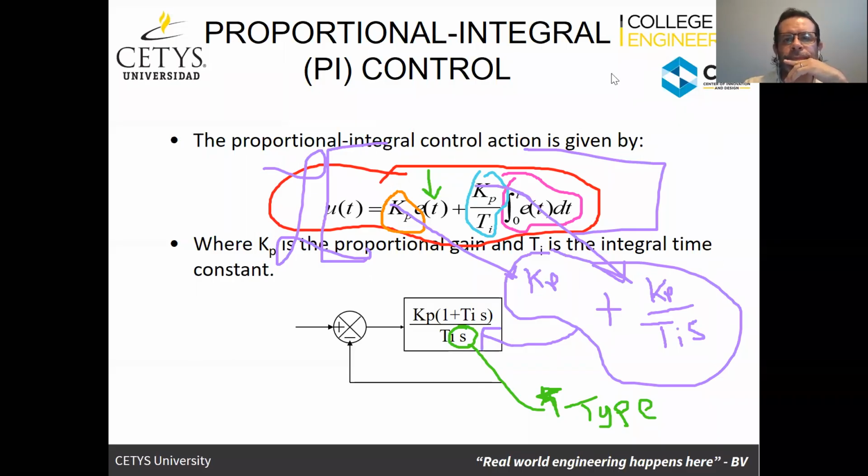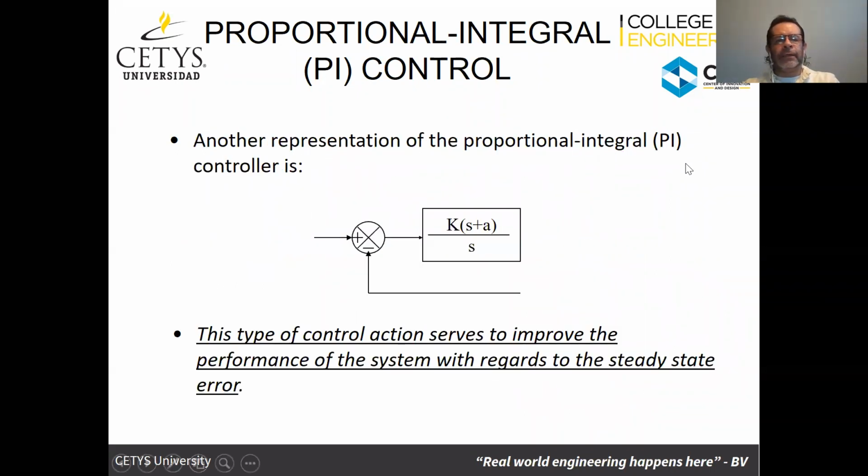Okay, so this is the overview of the PID controller and how it's represented mathematically. Now, another representation that's much simpler, and has the same effect in the end, is the following.